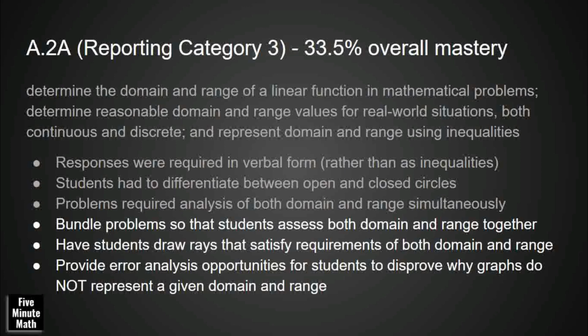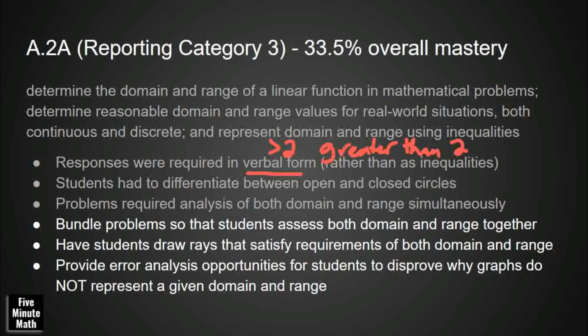On that first one, when we had the inline choice, the responses were in verbal form rather than as inequalities, right? So rather than less than 2 or greater than 2, they had to have it written out, greater than 2.